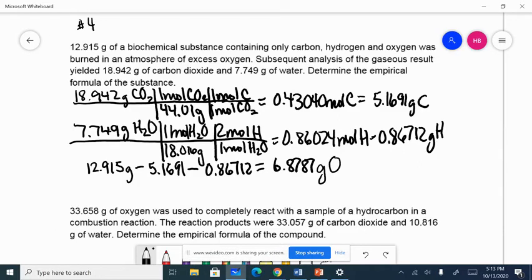I divide by the molar mass of oxygen, which is 16, and I get 0.42992 moles of oxygen.